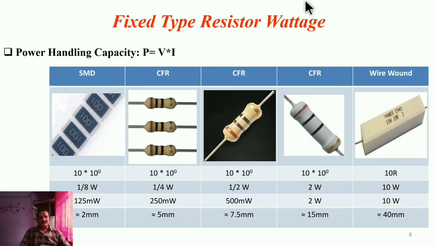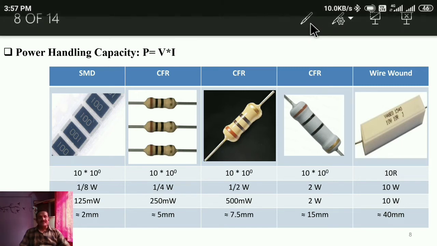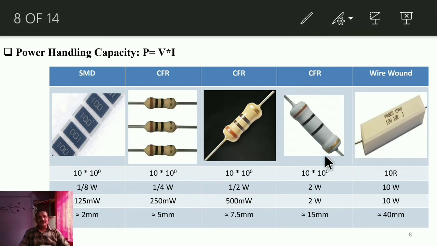Now here you will observe I have shown fixed type resistors having the same resistance value. The first one is written as 10 ohm. How it is 10, that also I will explain. See here, this is known as an assembly type of resistor, surface mountable, having very low power dissipation capacity.